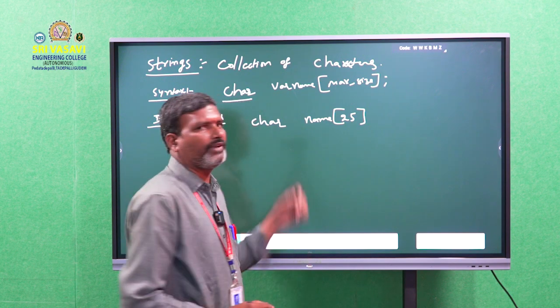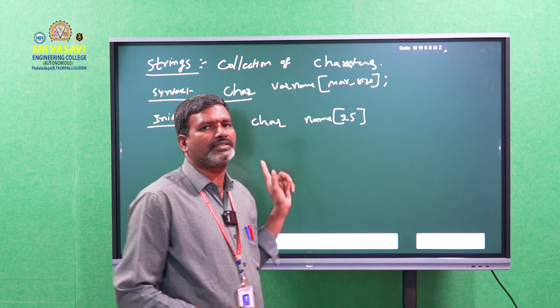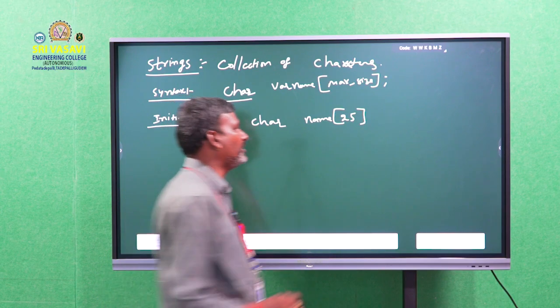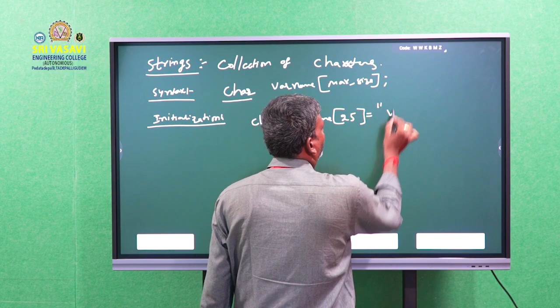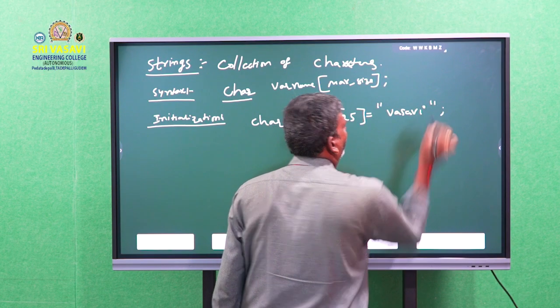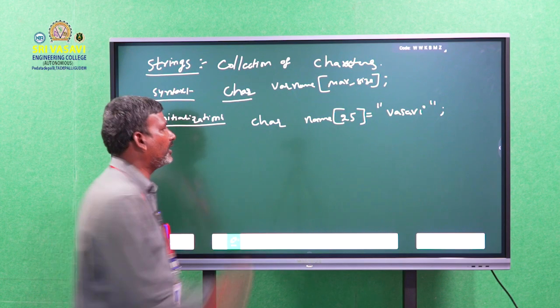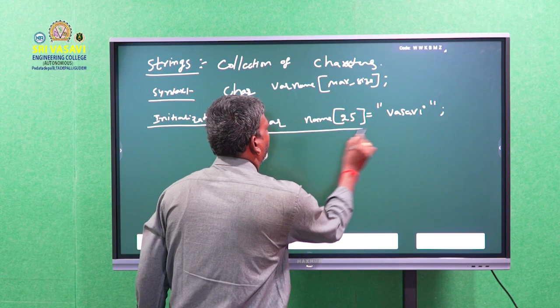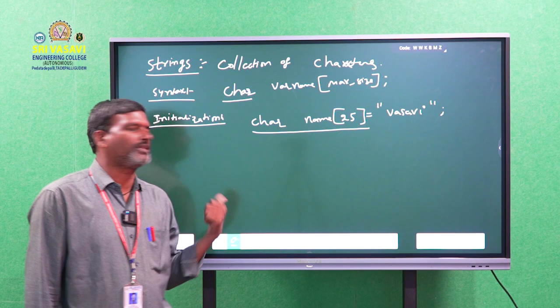Here, name is the variable name, the data type is character, and the size of the string variable name is 25. So this is the format of a string. Here, char name of 25 is the string variable name up to the maximum size 25.